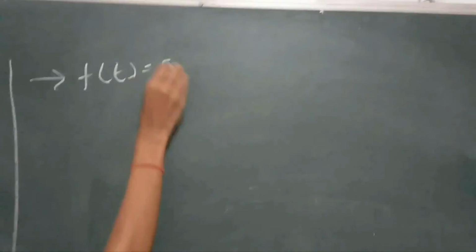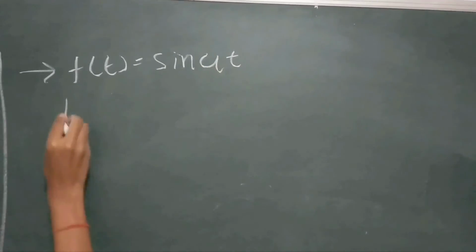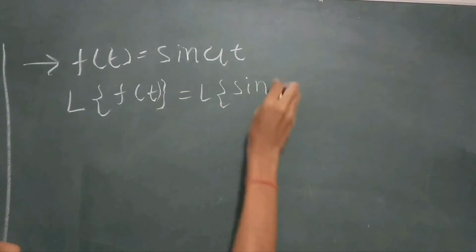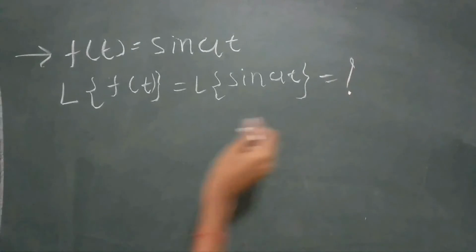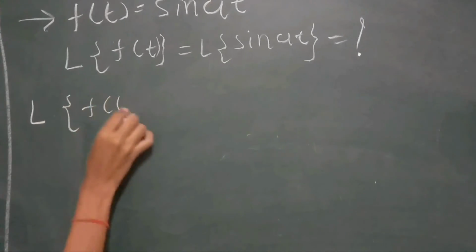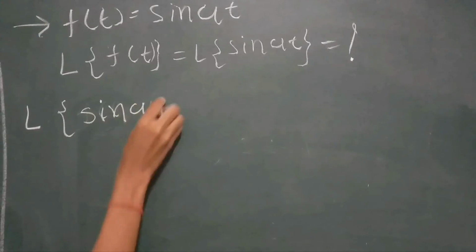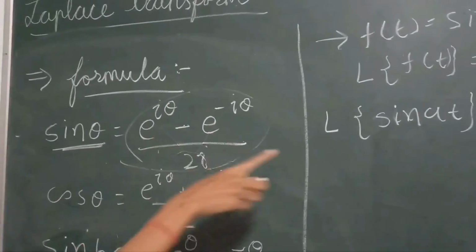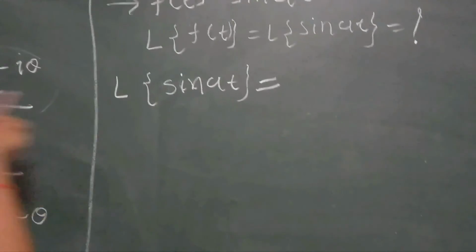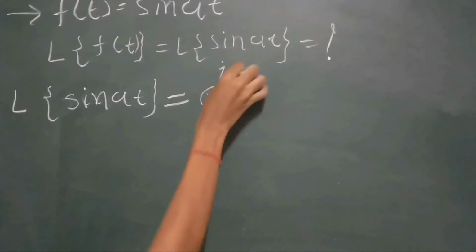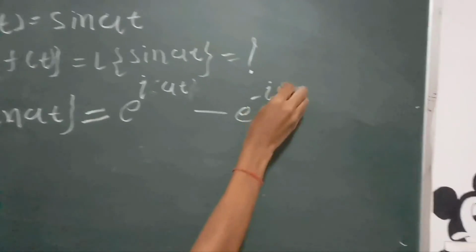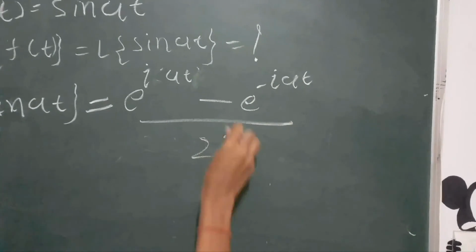F of t is sin at. Then we will show that L of f of t, that means L of sin at, is what? Now L of sin at is equal to, by this formula, sin theta is this, then theta is equal to at, then e raised to i at minus e raised to minus i at by 2i.